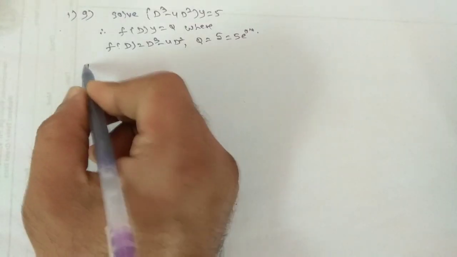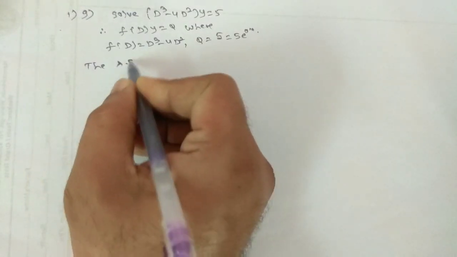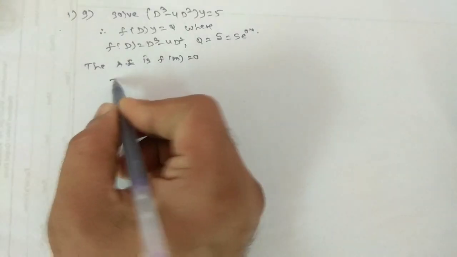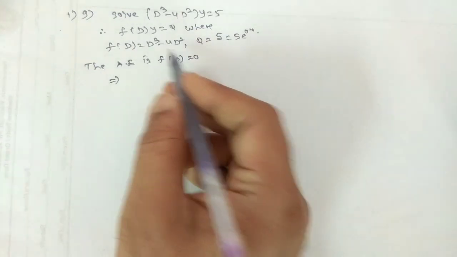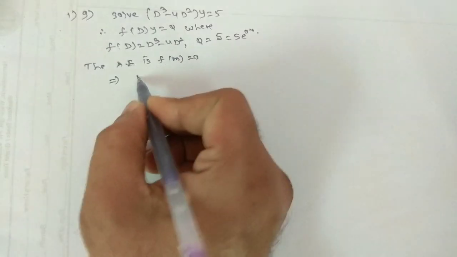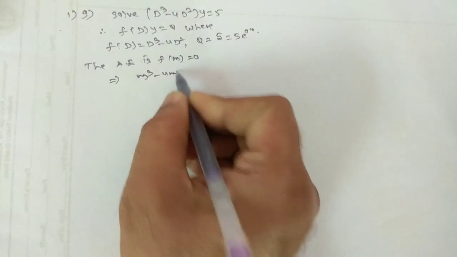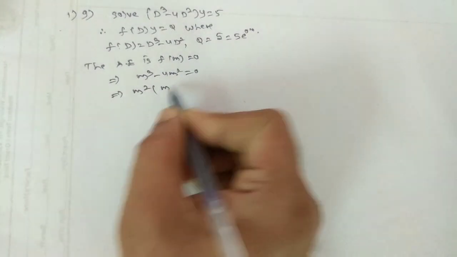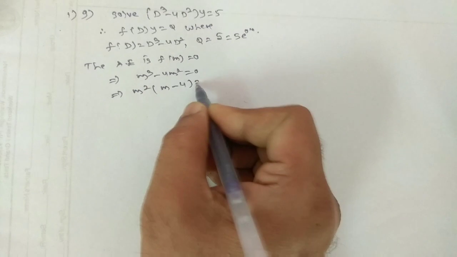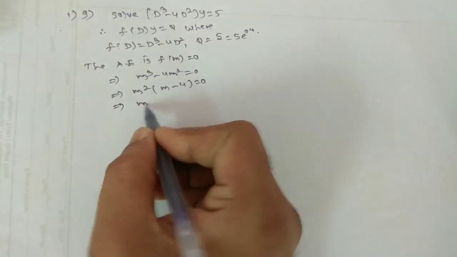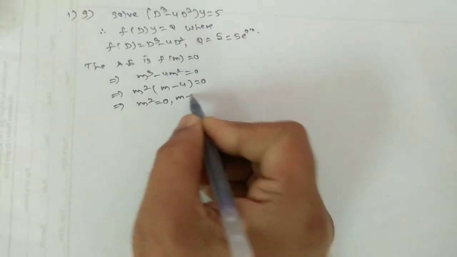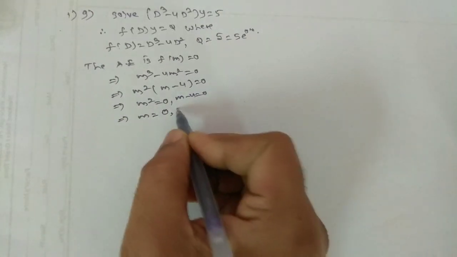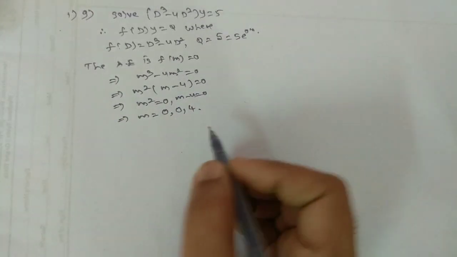Okay. So first you calculate the auxiliary equation. The auxiliary equation is f(m) equal to 0. That means in your f(D), D is replaced by m. So m cube minus 4m squared equal to 0. From this you can take m squared common, m minus 4 equal to 0, or I can write m squared equal to 0, m minus 4 equal to 0. The possible values of m are 0, 0 and here it is 4.